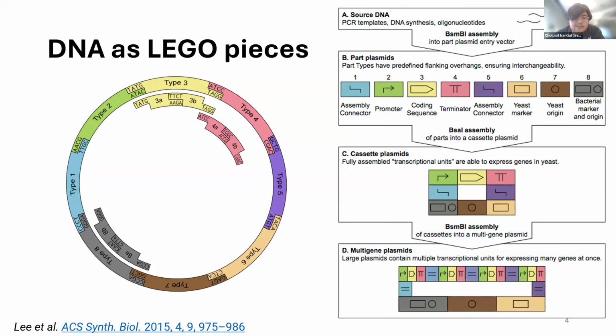What you see here is one of the key papers in the field where we try to assemble different pieces of DNA together. It's just like Lego. You can read type 1, 2, 3, 4. These are the pieces that can be connected using the molecular assembly process so that we can form a single plasmid that has a lot of these coding sequences, or programmed DNA, together.